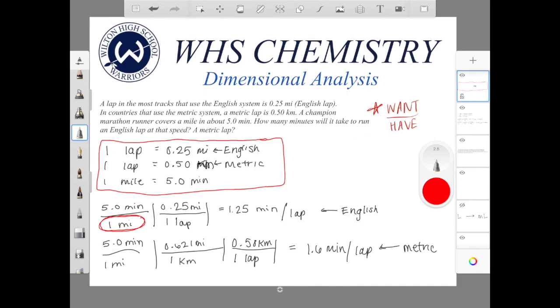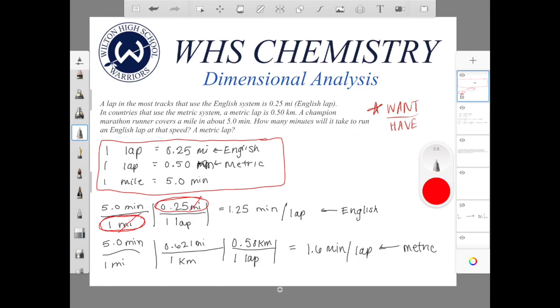So we need the unit of what we have to be on the top in order for them to cancel out. Both our units of what we have then cancel because our conversion factor is 0.25 miles for 1 lap, which is what we have in our givens, because that's the English lap.